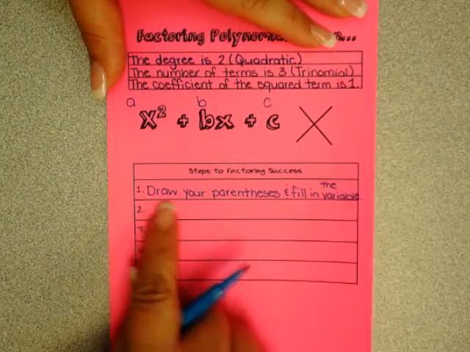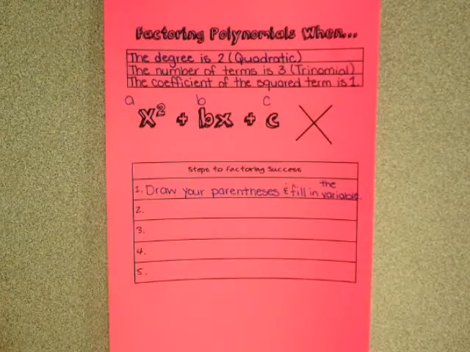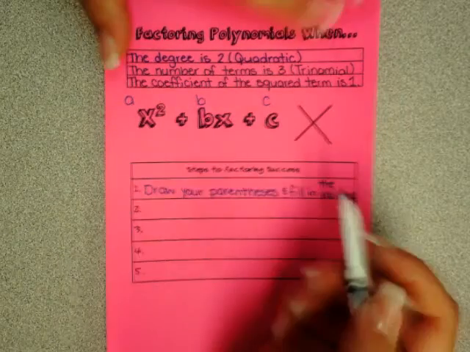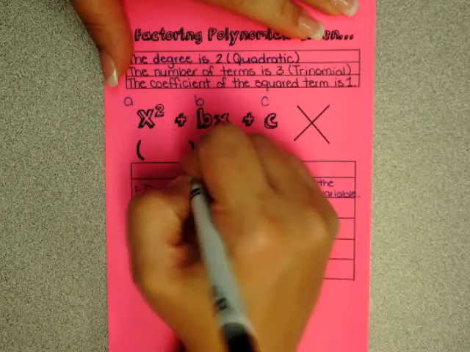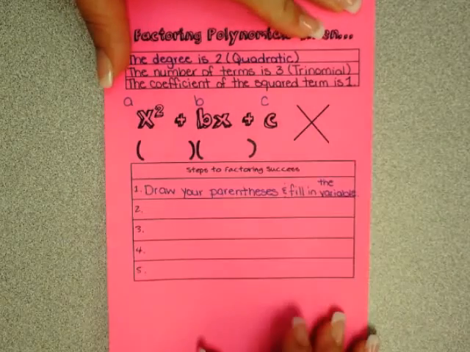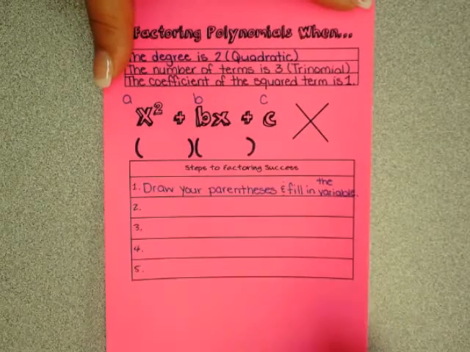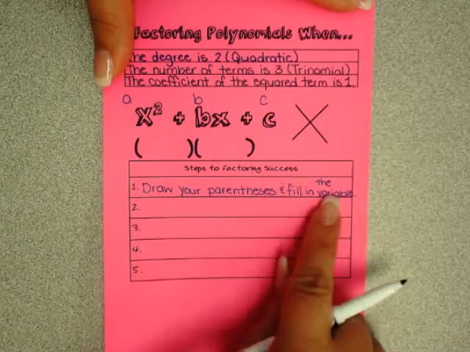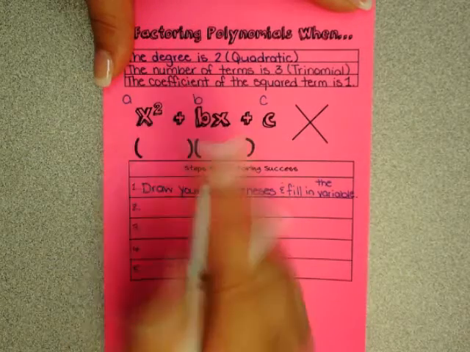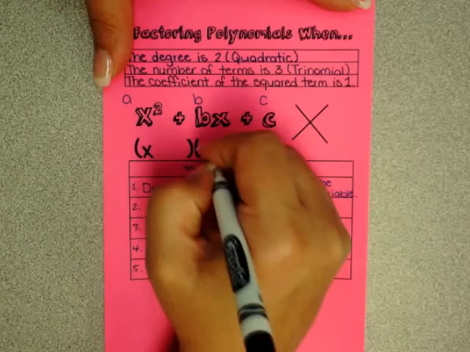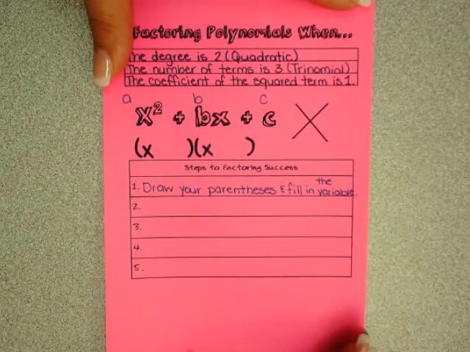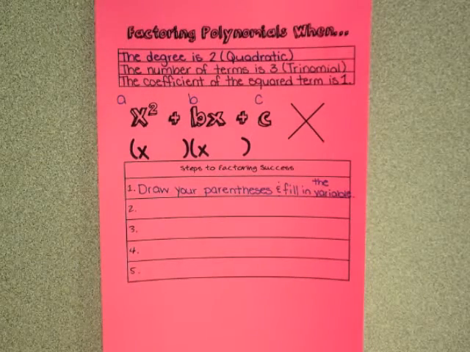Okay, so draw your parentheses and fill in the variable. So you're literally going to draw parentheses. Okay, so parentheses, parentheses. A set of two parentheses. Then fill in your variable. In this case, our variable is x. Okay, so x, x. There's step 1. Nice and easy. Step 1 is the easiest step. You just draw parentheses and fill in the variable.